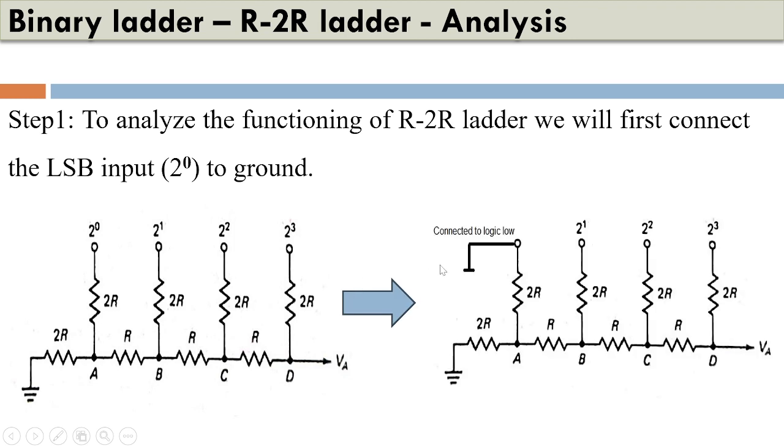Now when we connect the input, that is the 2 to the power 0 input, to the ground, this particular section on the left side of A has two resistive networks that are now in parallel.